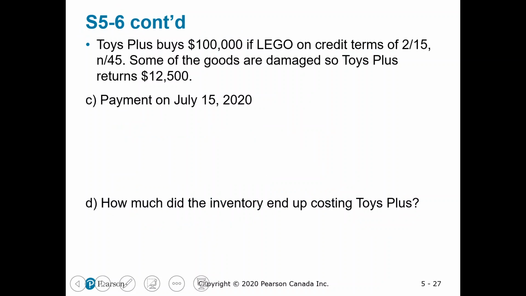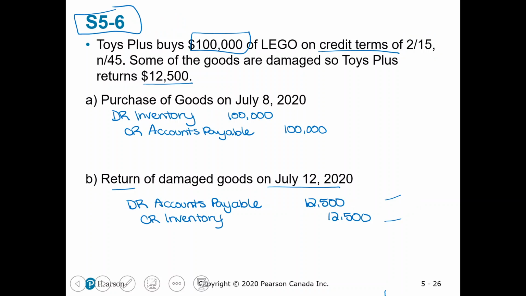Okay, part C says that Toys Plus, that's the same example. So now there's a payment on July 15th, 2020. Again, whenever we have credit terms, first thing you ask yourself, did we pay within the discount date? So the original purchase was on the 8th, and we had 15 days.